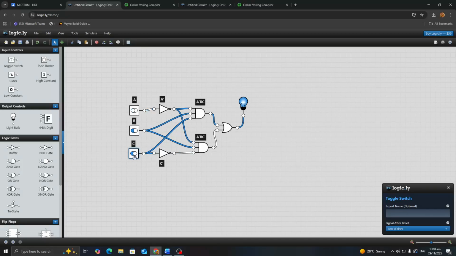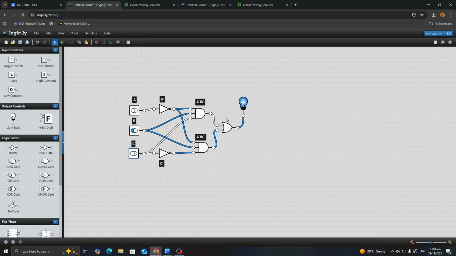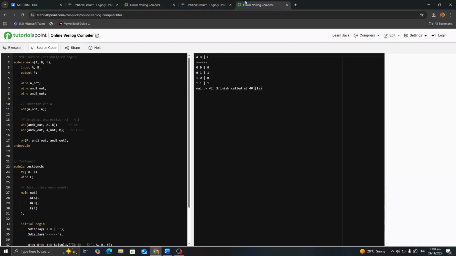But if it's off, as long as B is on because it's connected to, of course, the B input here, the light will always be on as long as B is on and A is not on. So that's that for this problem. Now let's head on to problem 4, which is just a short one.